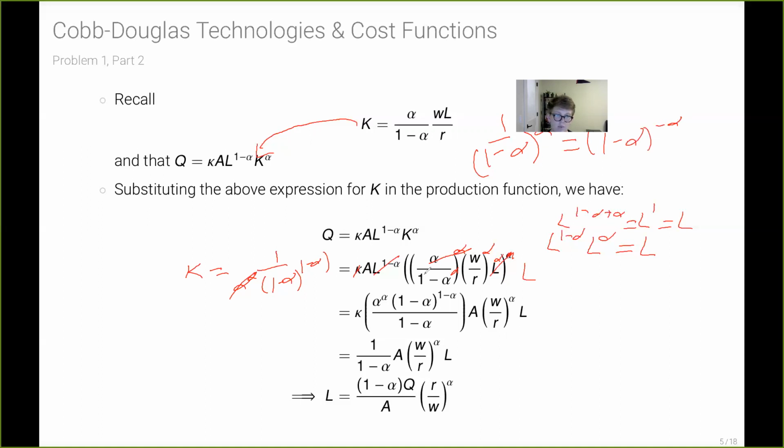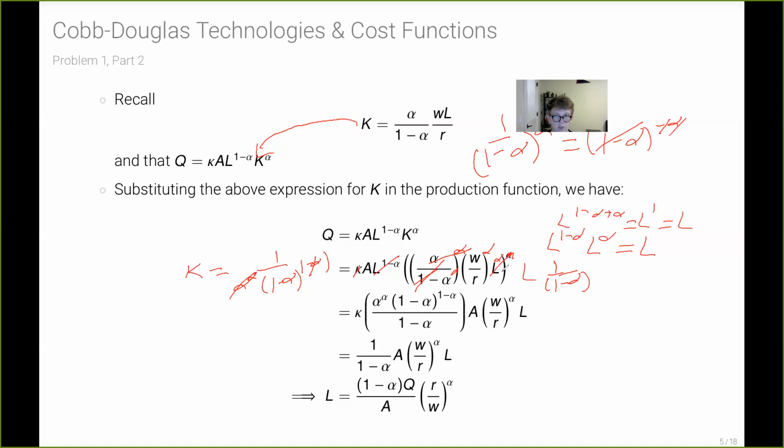So this expression now just becomes 1 minus alpha to the negative alpha. And so if this is in the denominator and this is in my numerator, then these negative alphas just cancel out. And so what I'm left with is just 1 minus alpha. And so this whole term cancels out here. And now we're just left with a 1 over 1 minus alpha.